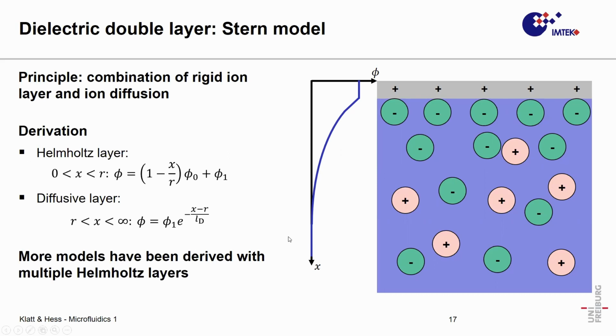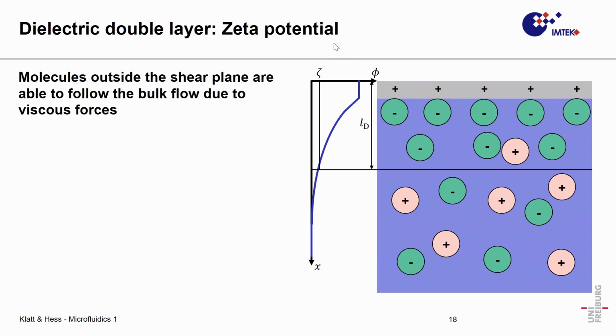There are many more models to describe the electric double layer, but I think those three give you a good impression of what happens close to the surface, and they show that you have to consider basically two important effects: the electric attraction of the molecules to the wall, as well as the thermal-based diffusion of the ions within your liquids. To finish this video, we will talk about a parameter called zeta potential.